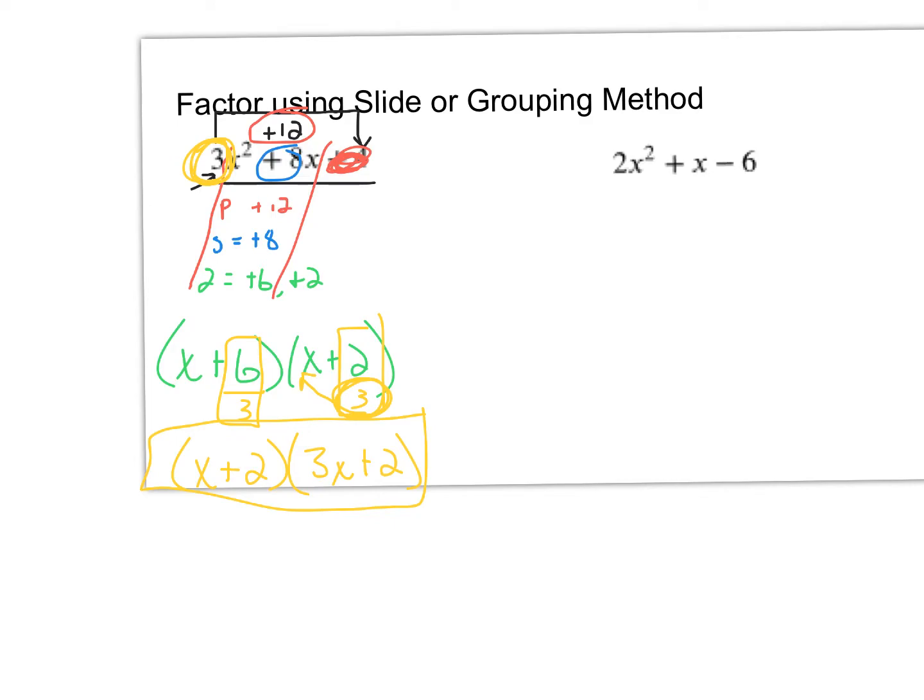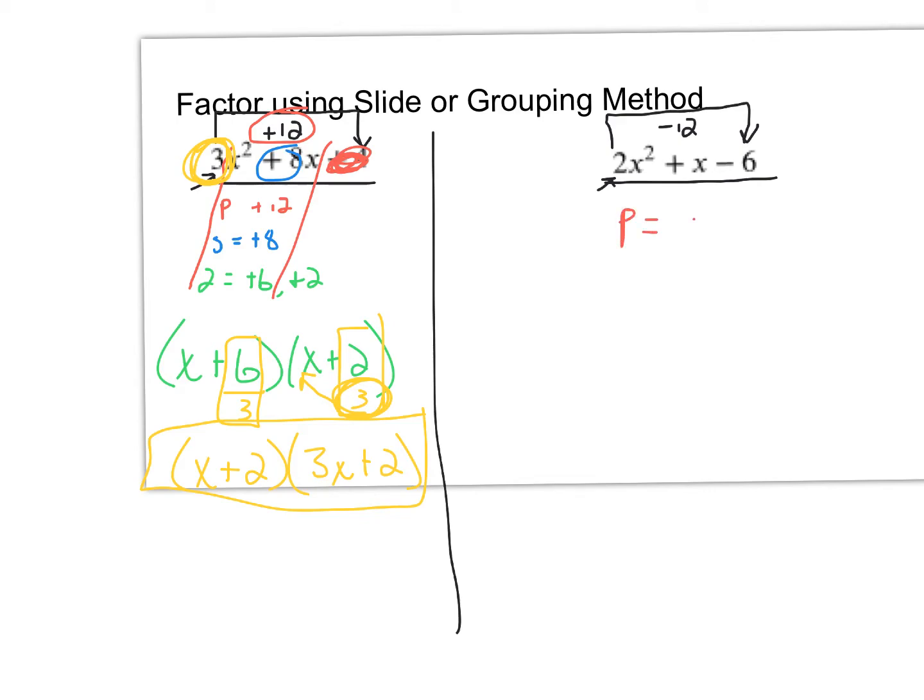Now, the next one I'll do the grouping method on so you can see it. Again, we're going to start. I have 3 pieces and a leader in front, so I cannot do PS2. We're going to use group. I multiply front to back and get negative 12. Now we do our PS2.